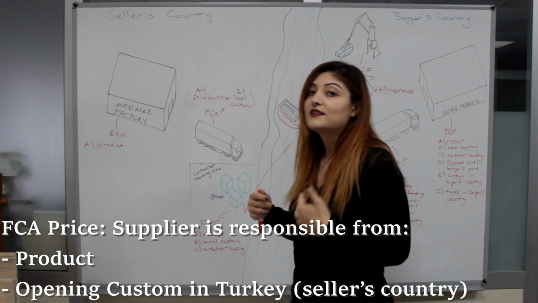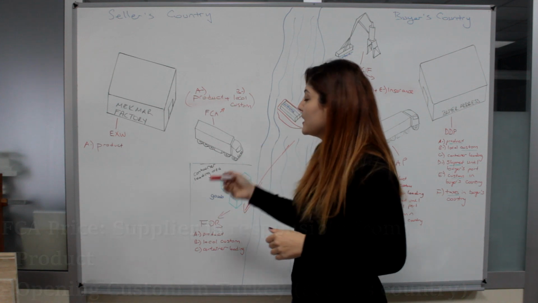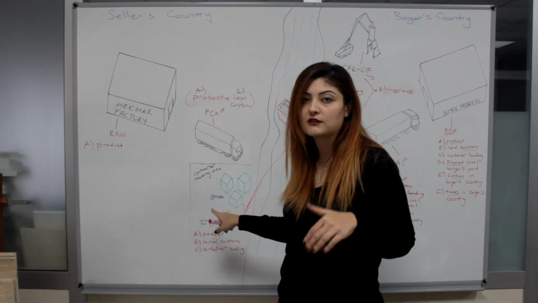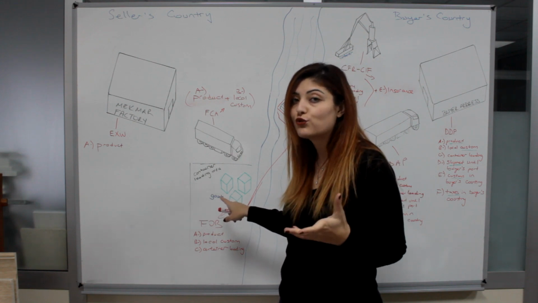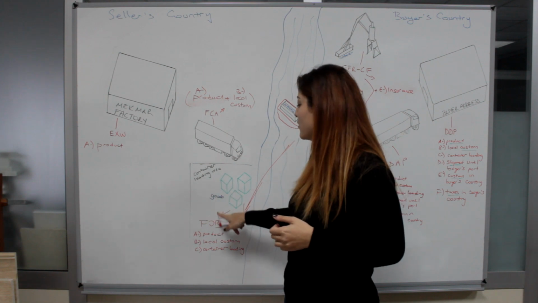If you want to add more responsibility to the seller, to Mekmar, we can do that. We can send this product to any Turkish port for you, and in that way the delivery term will be FOB.